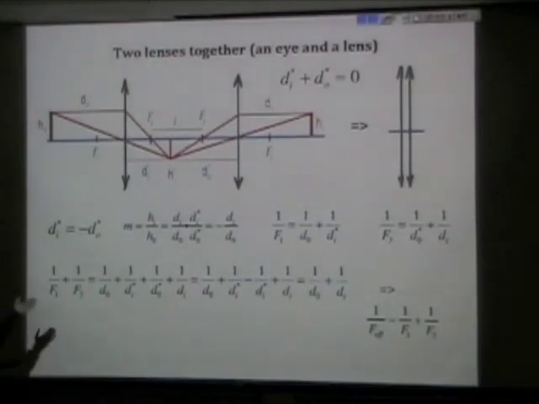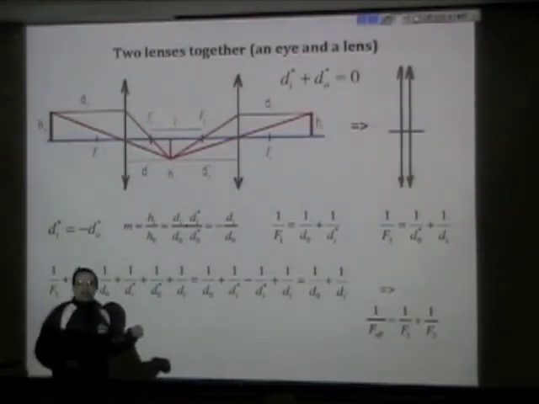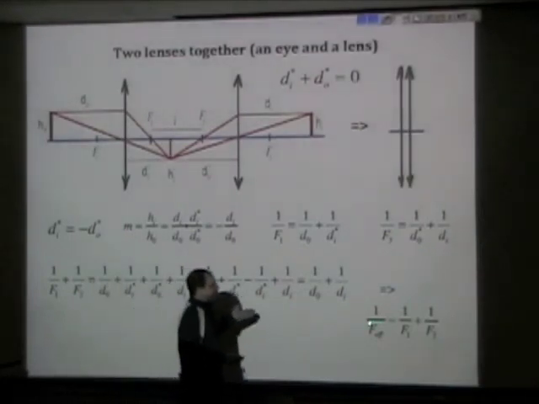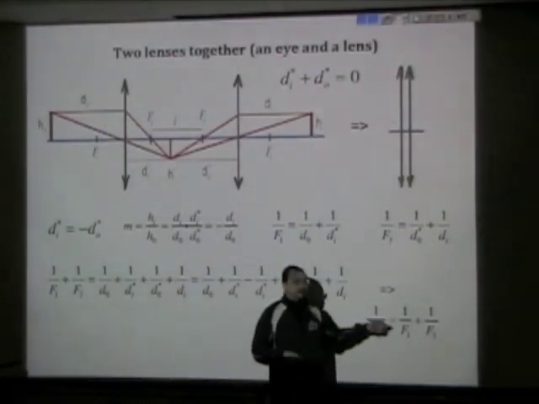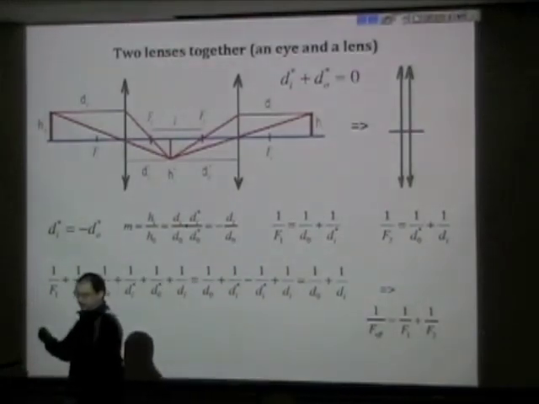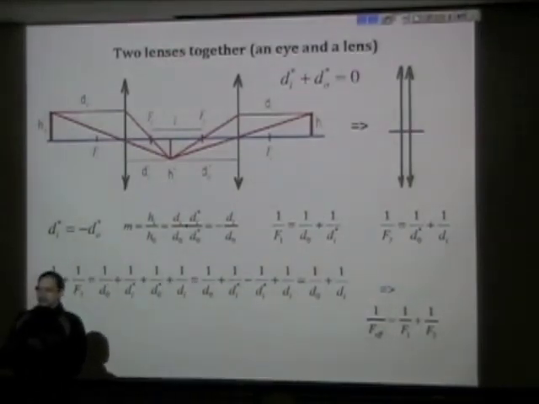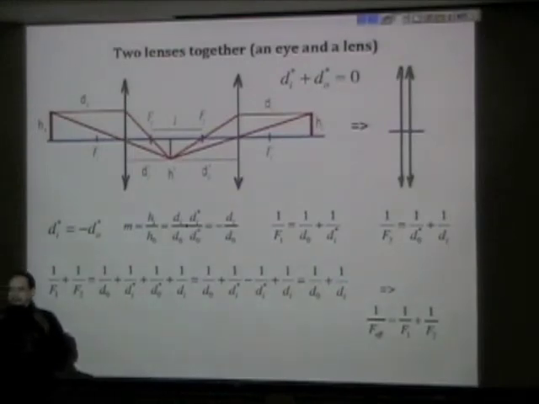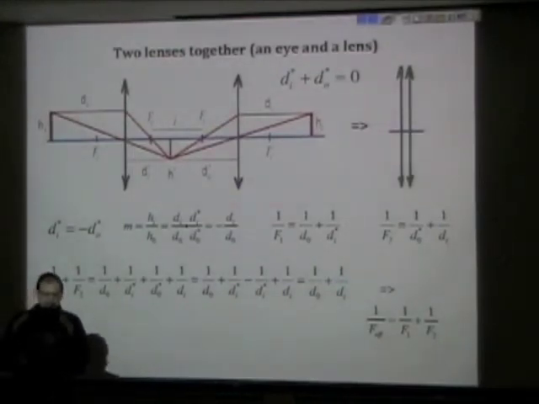So pure mathematics, just a nice exercise, gives you a very simple result: the effective power is just equal to the sum of the individual powers of the lenses. So if you put them together, the power of the total system equals power number 1 plus power number 2, maybe number 3, maybe number 4.